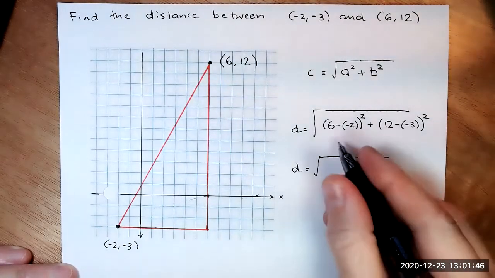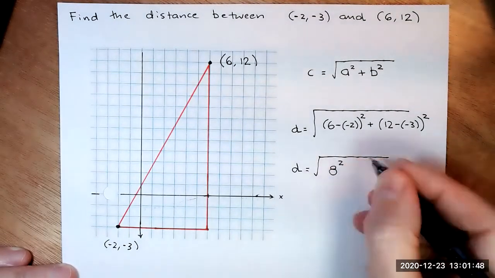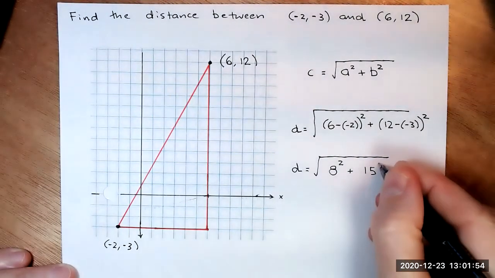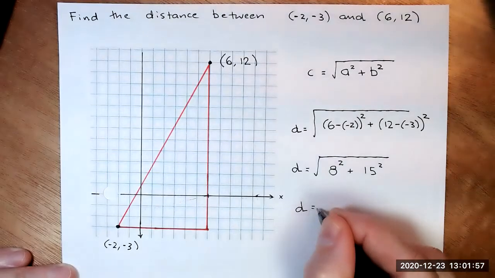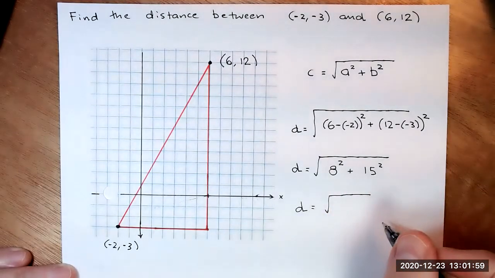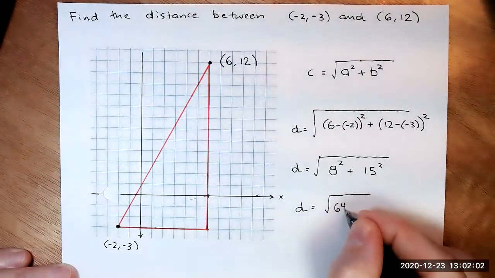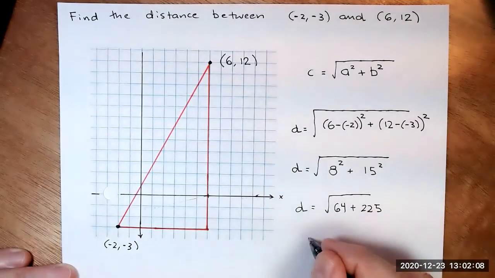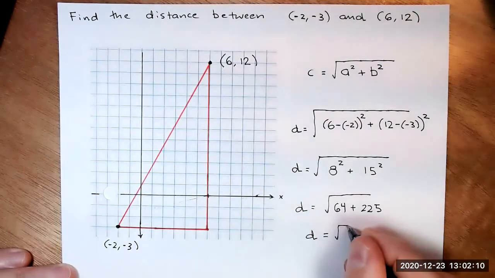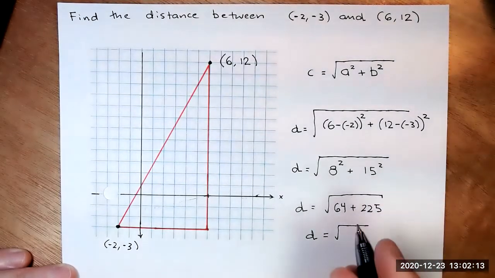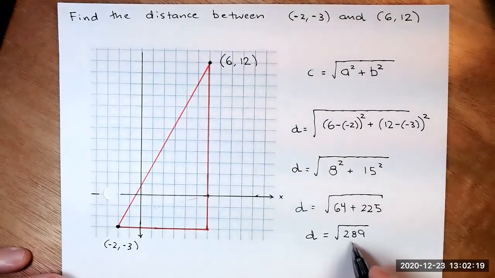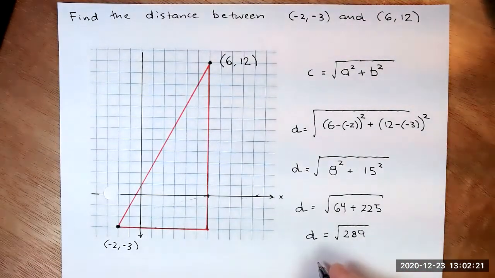So 6 minus -2 is 8. 12 minus -3 is 15. Eight squared is 64. 15 squared is 225. 64 and 225 make 289, which happens to be a perfect square, so its principal square root is 17.